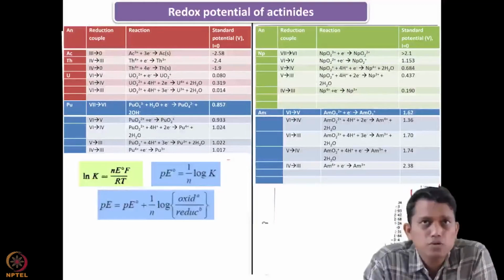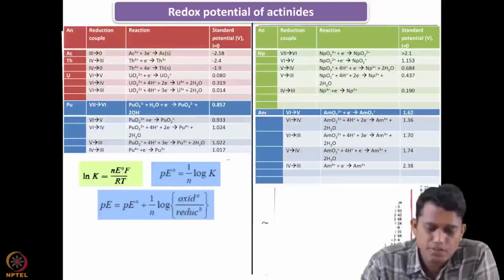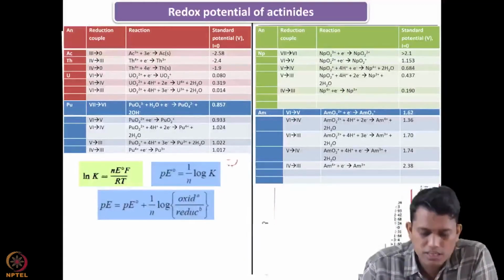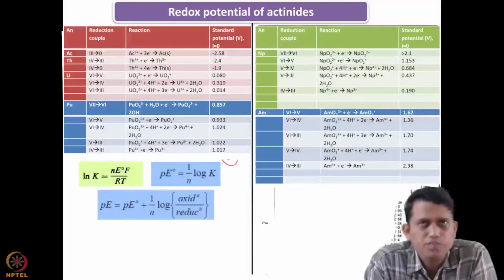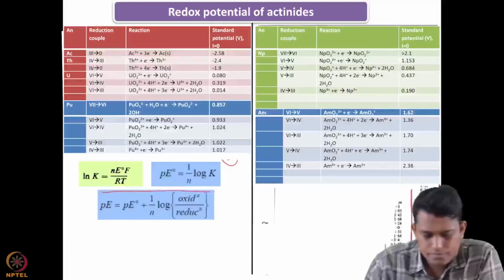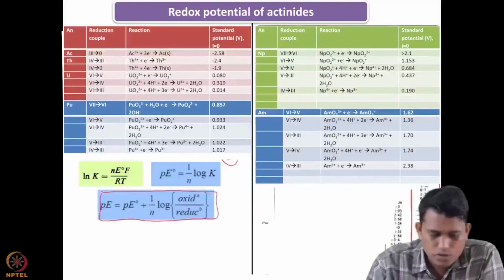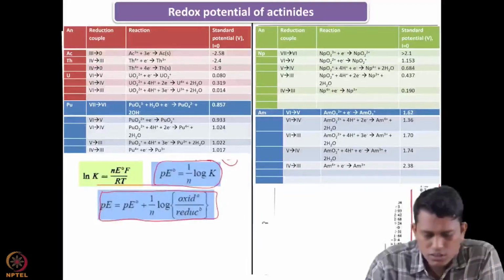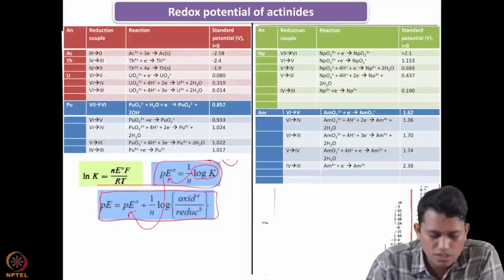And as I told you in the previous slide, if you have information about this standard reduction potential, you can easily derive the ln K values. And once you have this ln K value, you can use these two equations. From this ln K, you can derive pE naught, and that pE naught you can put here.